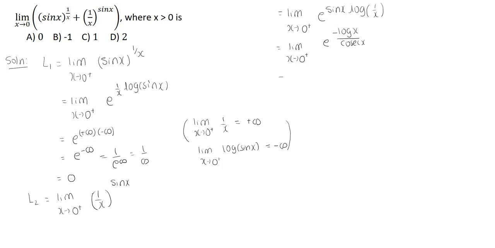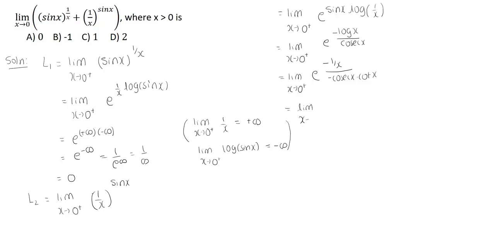Apply L'Hospital's rule. Limit x tends to 0 plus e raised to derivative of log x, which is 1 upon x, and that of cosec x is minus cosec x dot cot x.